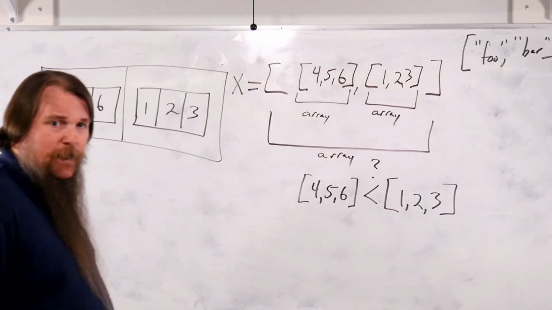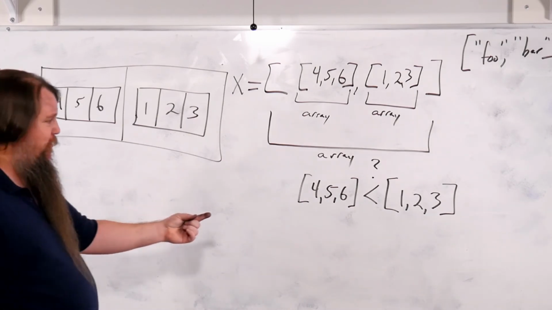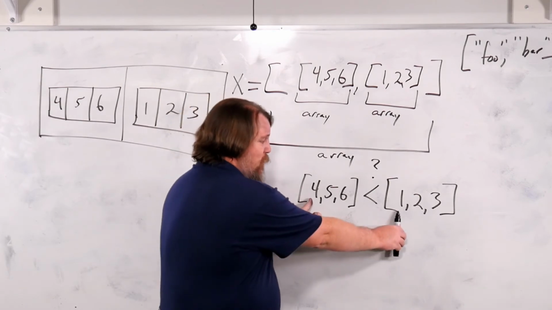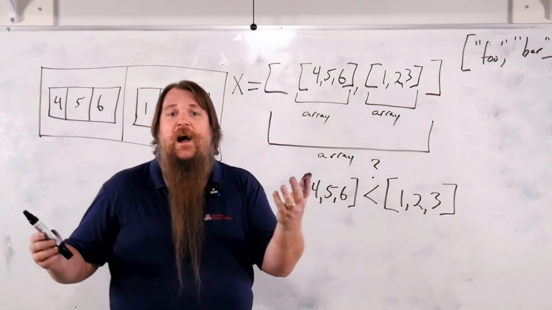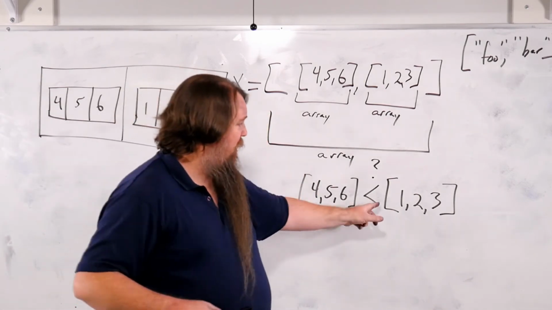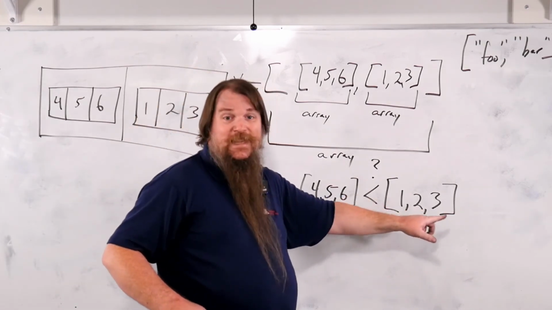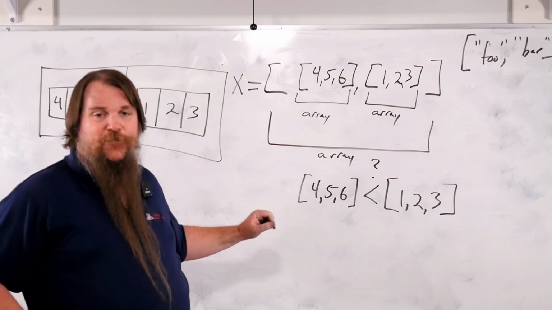Same comparison happens when you're comparing two arrays. We compare the 4 to the 1. We say, they're different. 1 comes before 4, so [1, 2, 3] is less than [4, 5, 6].